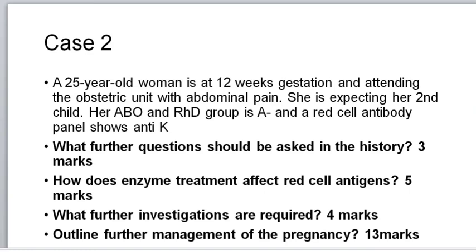They can ask you the specification of intrauterine transfusion or neonatal exchange transfusion, or the specification of intrauterine platelet transfusions. So there are a lot of possibilities in a red cell antibodies scenario.